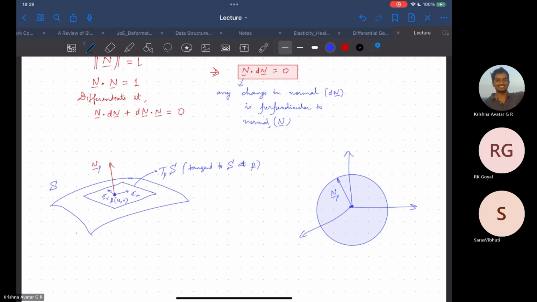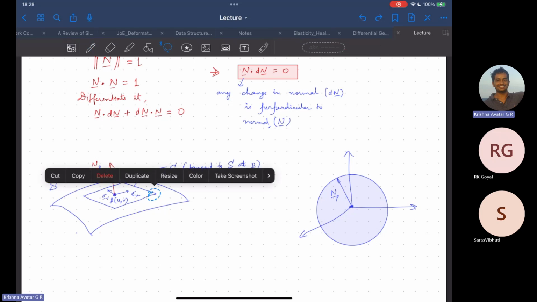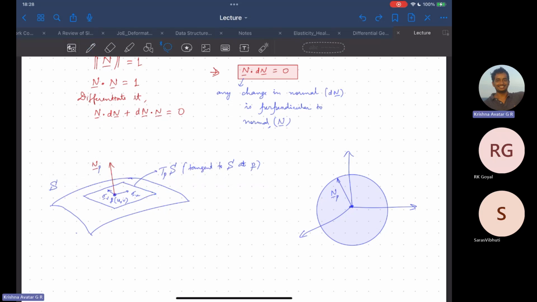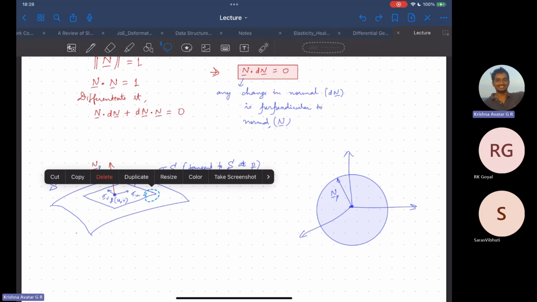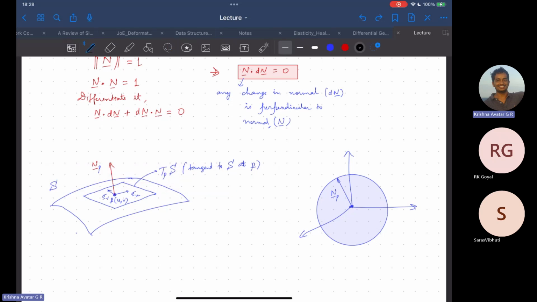And you know that all tangent planes pass through the origin. I should draw something like a parallelogram actually. So it's as if you are taking this tangent plane and just translating it. You are translating it and intersecting it through the origin of the sphere here.